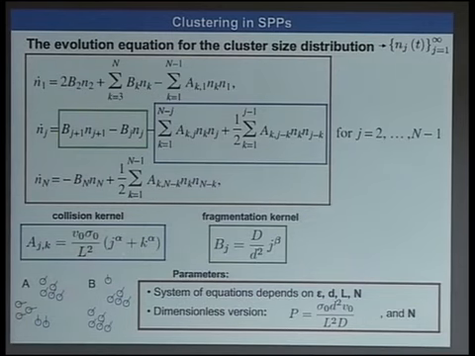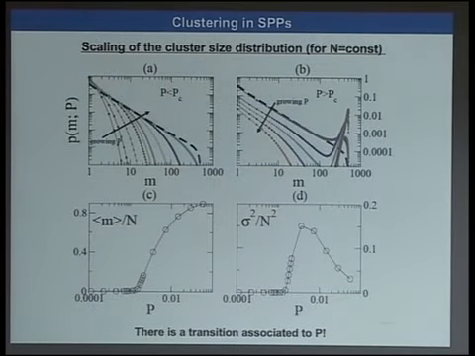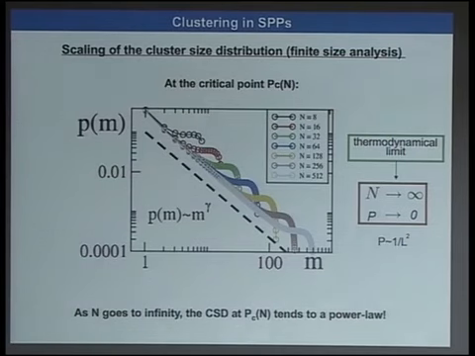Then you can put all your physics in the collision kernel and fragmentation kernel, and you can build P, this dimensionless parameter that I showed you at the very beginning. You can try to figure out what happens by doing a finite size study of this system, and the important point here is that the thermodynamic limit is with the number of equations going to infinity and P going to 0.